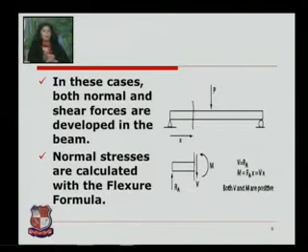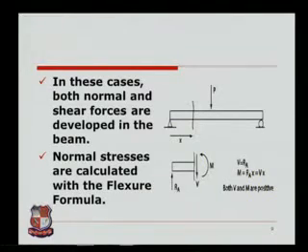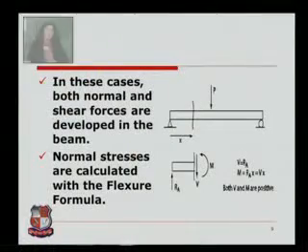Now if you remember the flexure formula, in the last lecture we derived it, that is the bending stress theory, M upon I is equal to fb upon y is equal to E upon R. So using this particular formula we are going to derive the normal stresses.